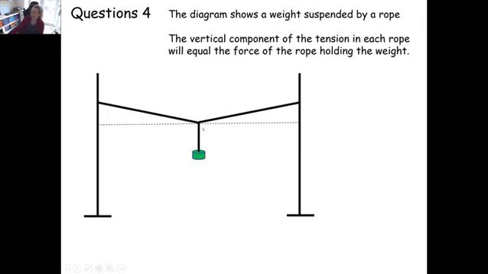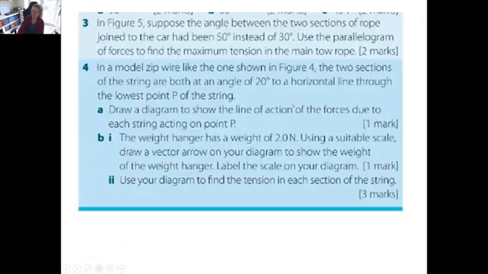And you're being asked to draw the vector diagram relating to this and then work out the tension in each part of these ropes. So have a go at those questions and then move the video on where we have some of the answers.